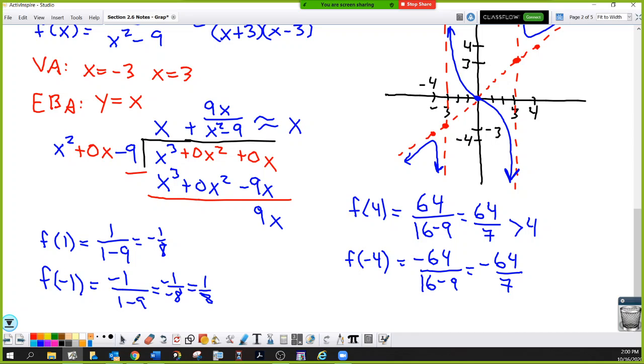I don't care what the value of -64 over 7 is. All I care is that I know it is less than -4. And that's why that curve exists below this red dot right here. Oh, I'm coloring it in blue, but you get the idea. And that's enough for today.